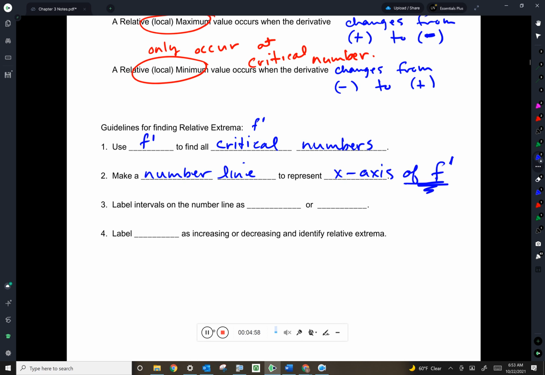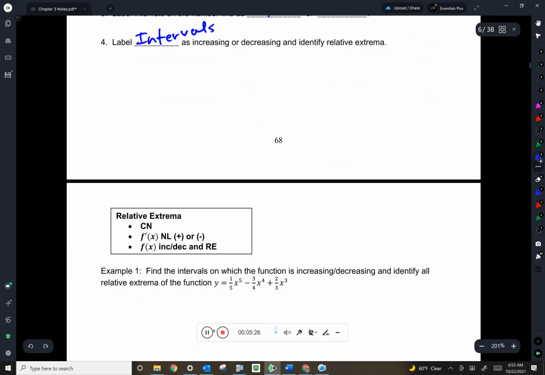So we'll label the intervals on the number line as positive or negative, meaning is the derivative in that interval positive or negative. And then once we know how the derivative behaves, positive to negative, negative to positive, we can label the intervals as increasing or decreasing. And then we can also identify the relative extrema. Okay, so here's how it works.